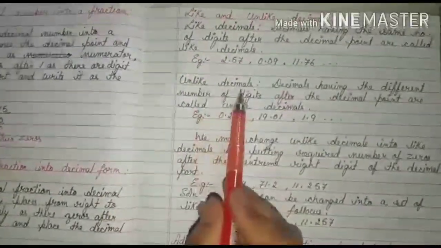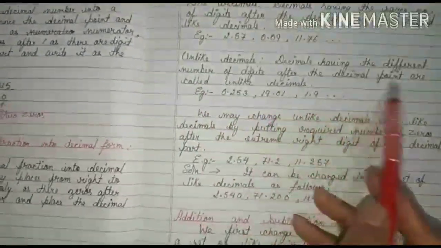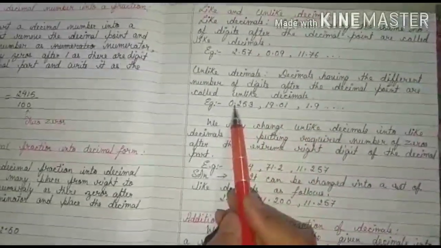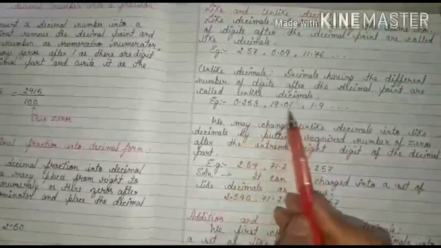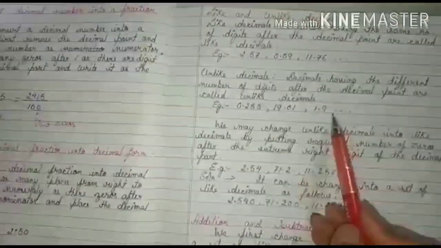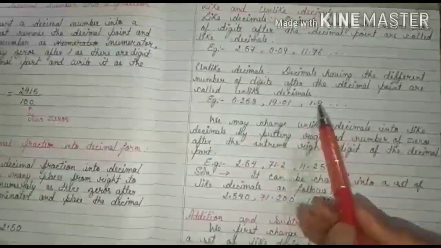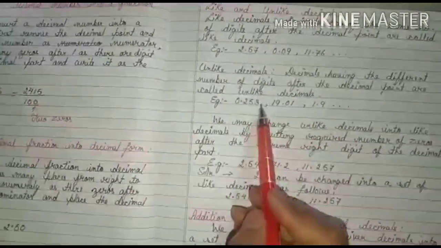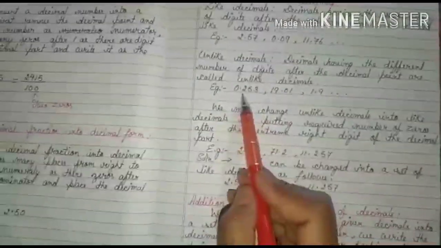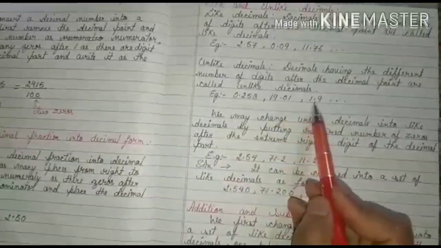Then unlike decimals. Decimals having a different number of digits after the decimal point are called unlike decimals. One may have 1 digit, 2 digits, or 3 digits. Let's see an example: 0.253, 19.01, and the last one is 1.9.